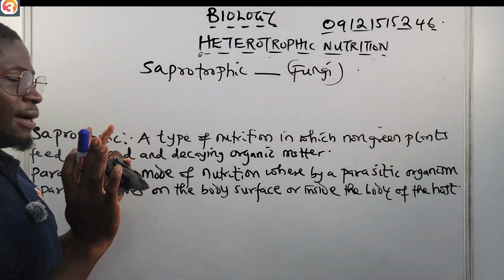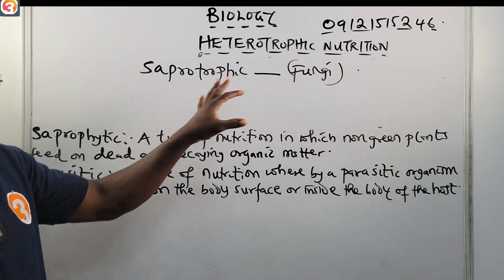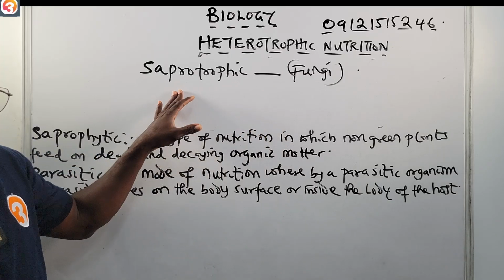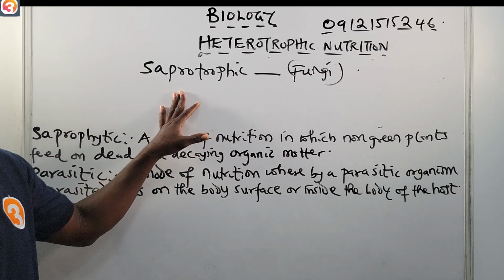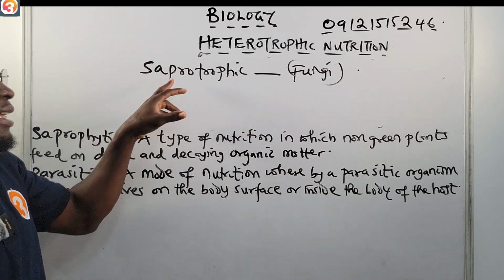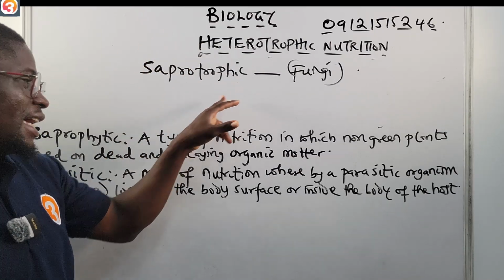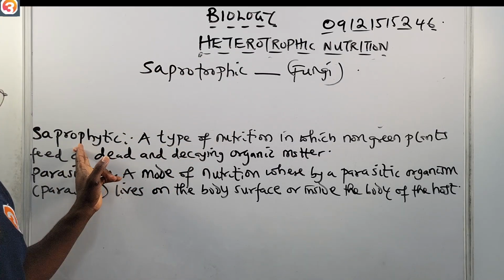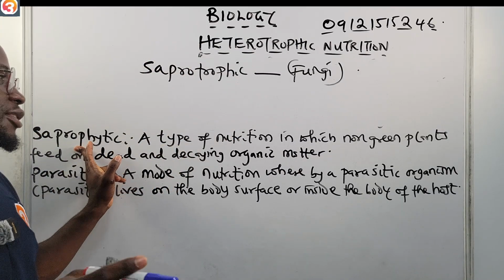Saprotrophs are mainly fungi that feed on dead organic matter. But the mode of nutrition that saprotrophs undergo is what we call saprophytic nutrition.